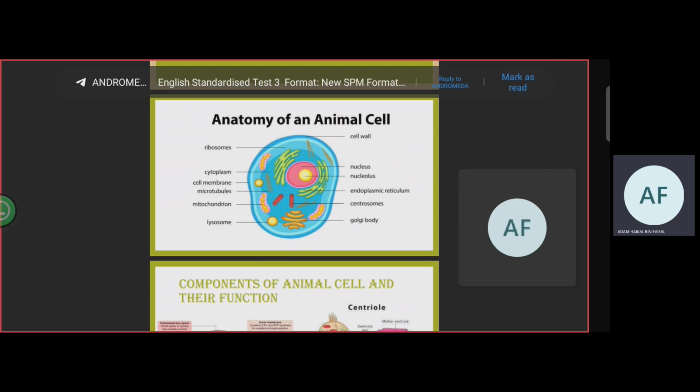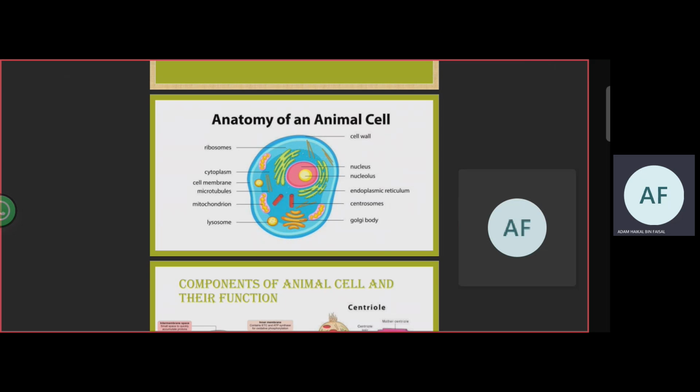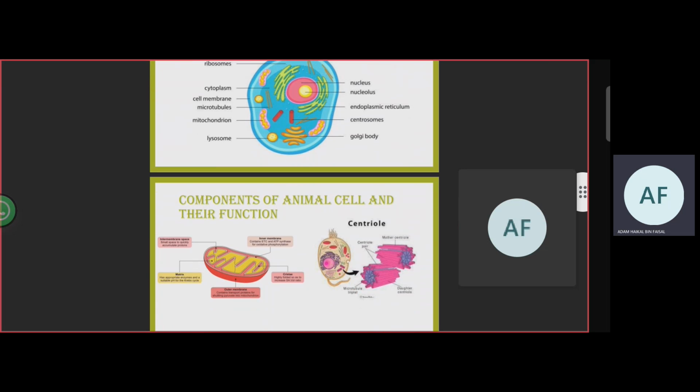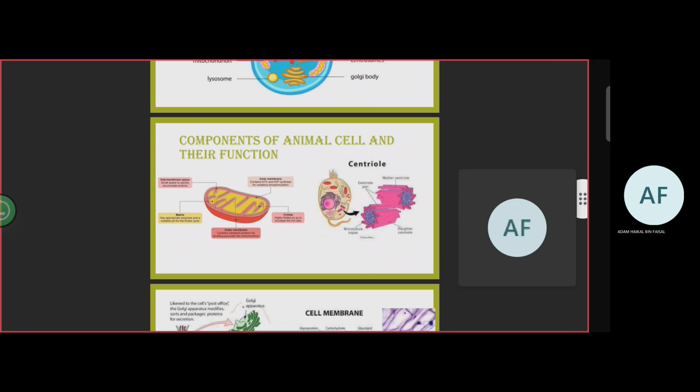Basically, an animal cell has to contain these various components: cell wall, ribosome, nucleus, nucleolus, cytoplasm, cell membrane, microtubules, endoplasmic reticulum, centrosome, mitochondrion, lysosome, and Golgi body. After that, these are the components of animal cells and their functions.